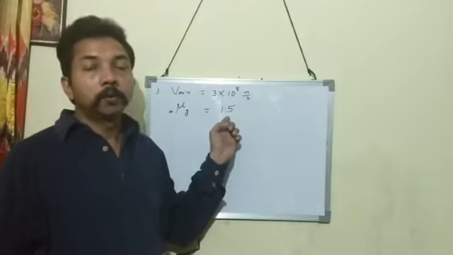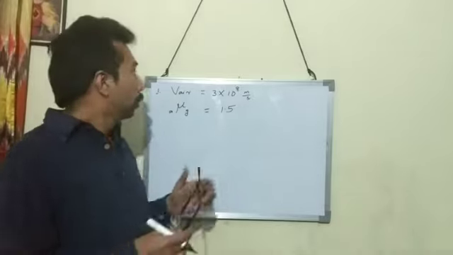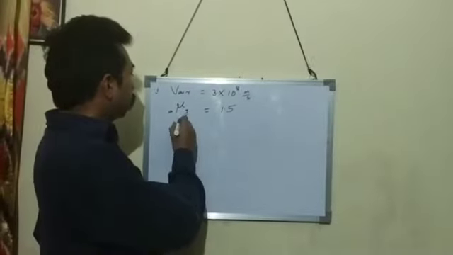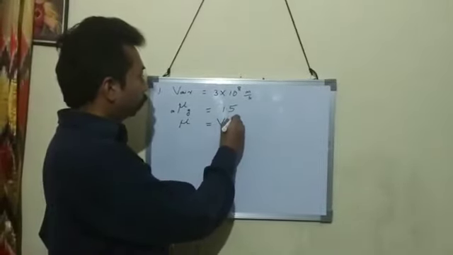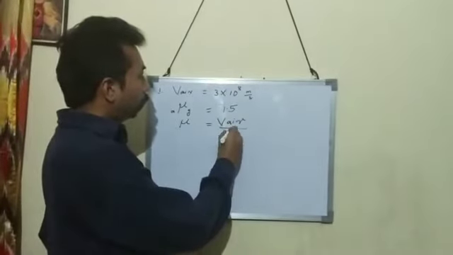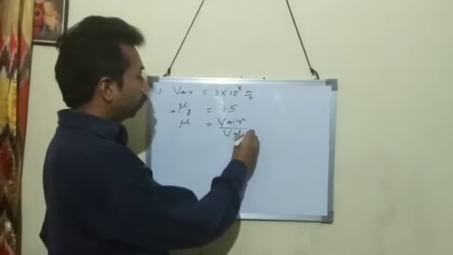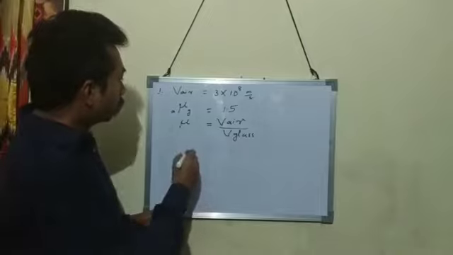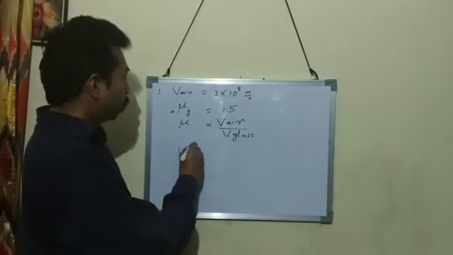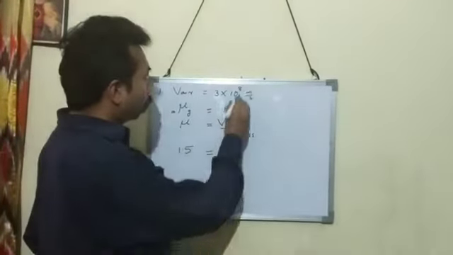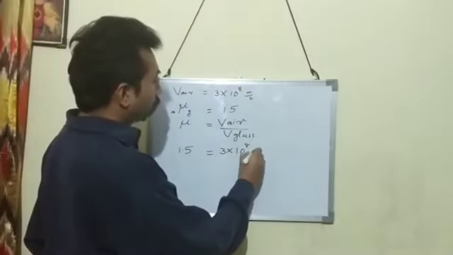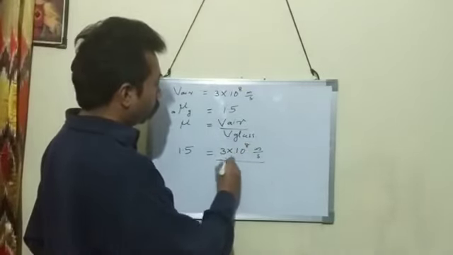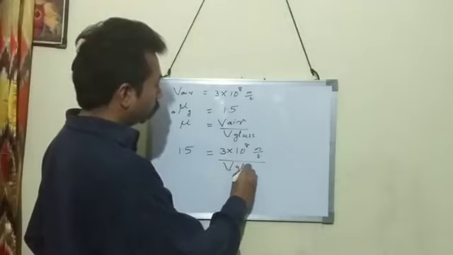So as I told you, the formula: refractive index is equal to speed of light in air upon speed of light in glass. Now we substitute the values. 1.5 is equal to speed of light in air, 3 into 10 to the power 8 meter per second, upon speed of light in glass.